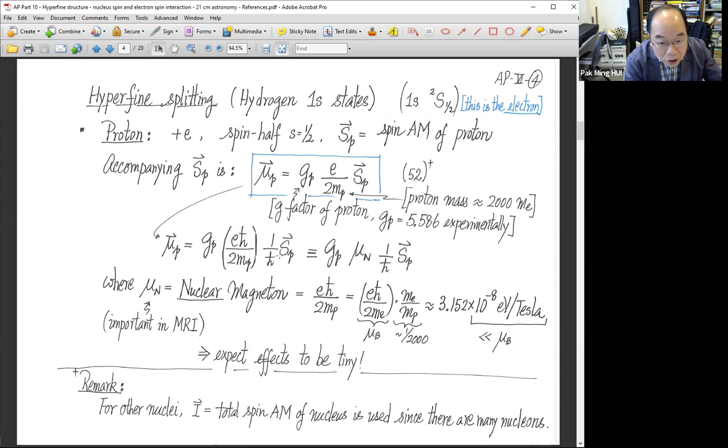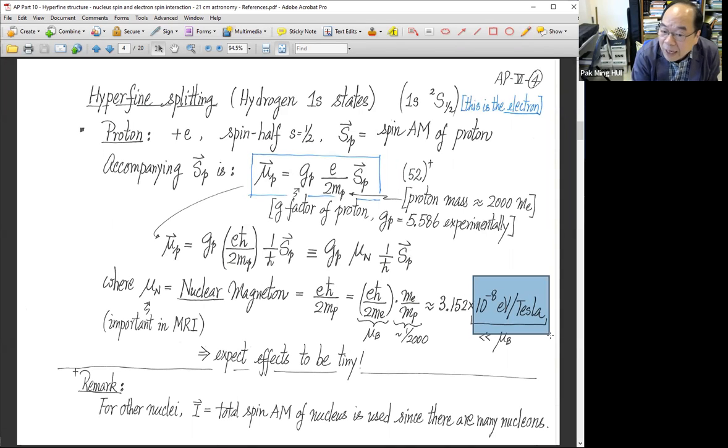However, for the proton, the nuclear magneton will have the electron mass replaced by the proton mass, which is something like 1850 times bigger than the electron mass. Okay, 2000 times roughly. With this, it means the nuclear magneton magnitude, the number, will be 2000 times smaller than the electron Bohr magneton. By that, we will expect this order of magnitude, 10 to the minus 8 eV per Tesla.